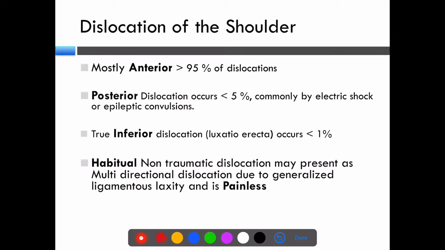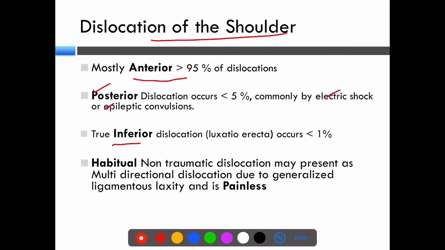Next we come to a very common topic, dislocation of the shoulder. You must have seen if you have gone to the emergency of any hospital, it's very common, and most of the dislocations are anterior dislocations, but sometimes there is posterior dislocation, which is generally associated with convulsions, which may be epileptic or electric shock.